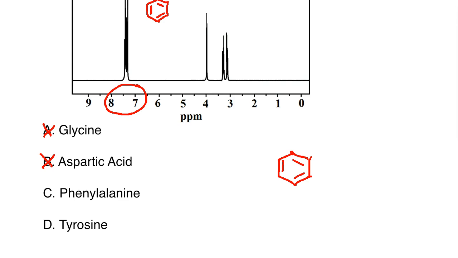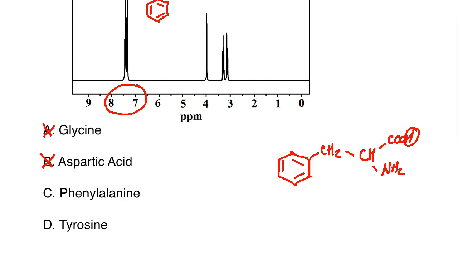It has a methylene group, so a CH2, as part of the side chain, and then you get to the main portion of the actual amino acid, right? So all of the amino acids have the carboxyl group and the amine group. Now keep in mind that depending on the pH that this is at, we could potentially lose this proton here, right? And we could be in the carboxylate form.